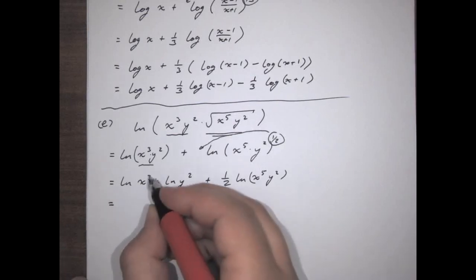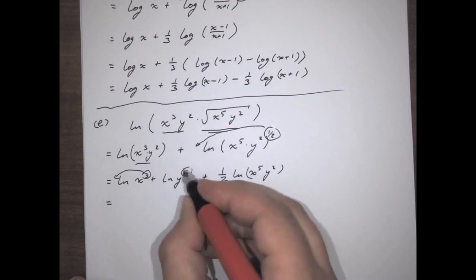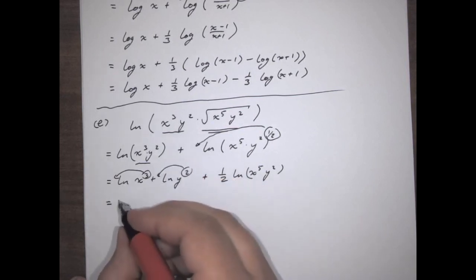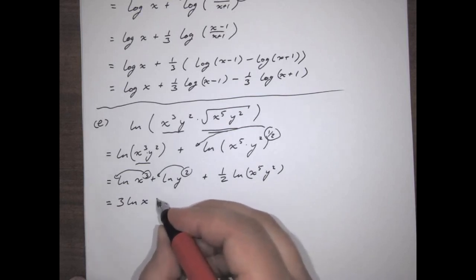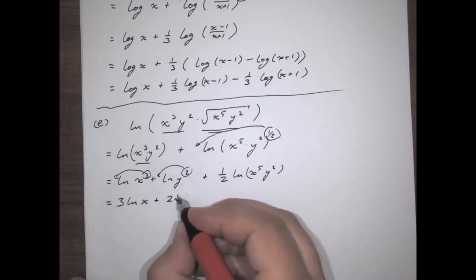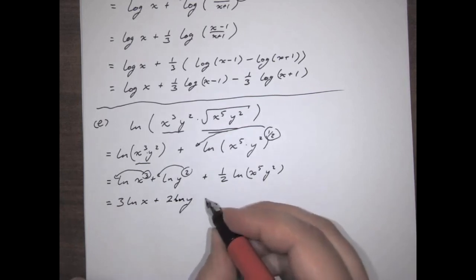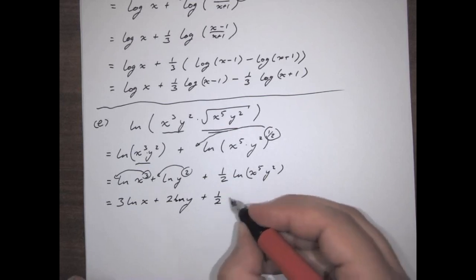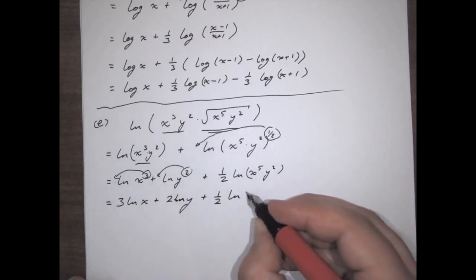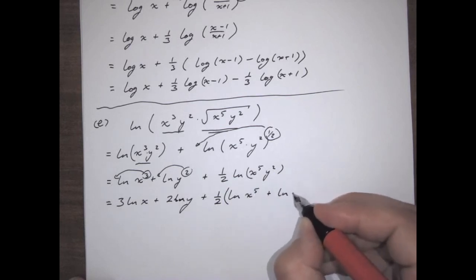And so here, as we go, we were waiting before until we had everything at kind of the same level before we did any simplification, but that's not necessary. We can do a lot of things kind of in parallel here. And we got it as 1/2 ln x to the fifth plus ln y squared.